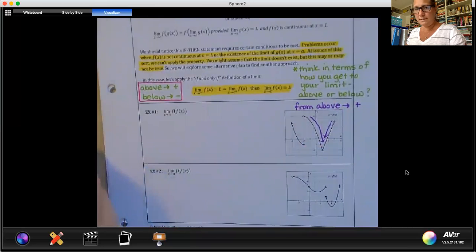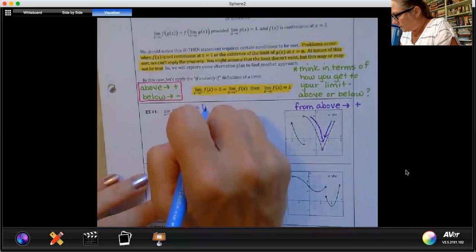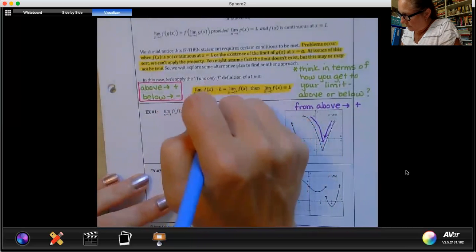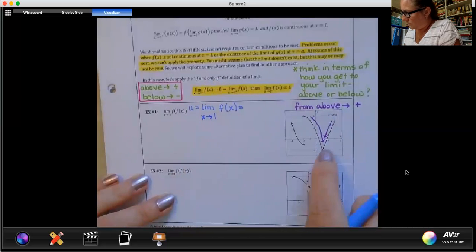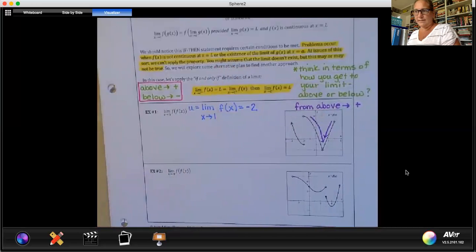So the u comes into play as a rewriting of our limit. u will equal the limit as x approaches 1 of f of x, which we just found is -2. So that's step 1.